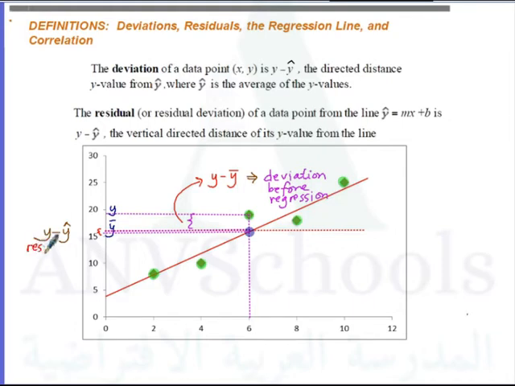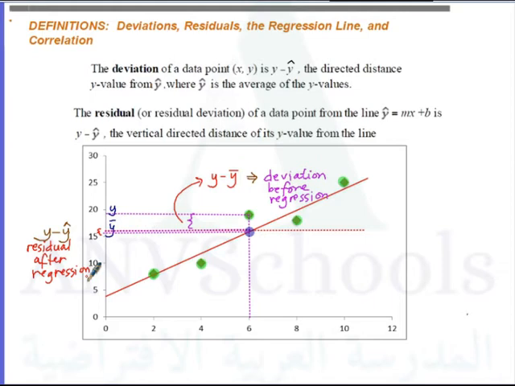Residual because they are way smaller as compared to the deviations. So this is the residual, which is after regression. Okay, so I hope it clarified your thoughts with respect to the deviation and residual.